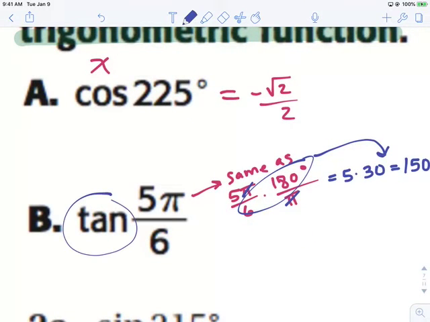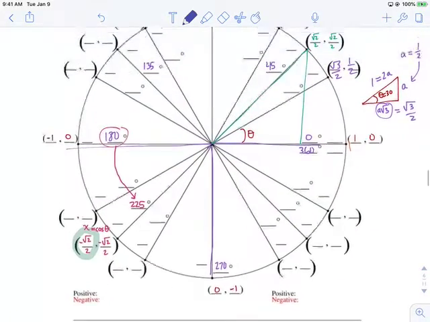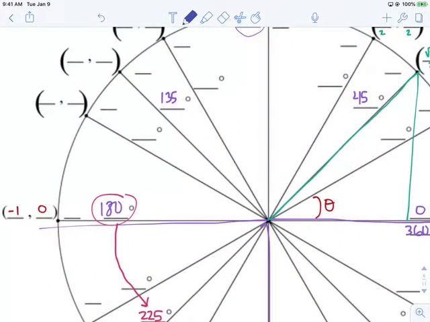It says tangent, so if you remember, you're going to take y and divide it by x for tangent. 150 degrees, well, that's 30 degrees less than 180. 30 degrees less than 180 is right here. So this is 150 degrees, and it's the same thing as 5 pi over 6. And that makes sense because 6 pi over 6 would be pi.